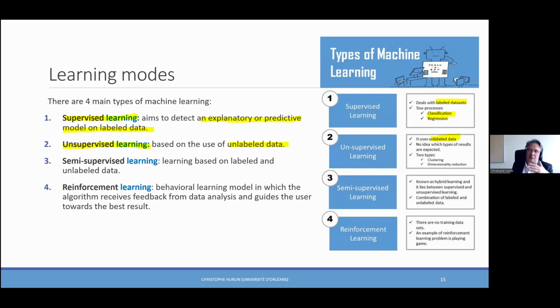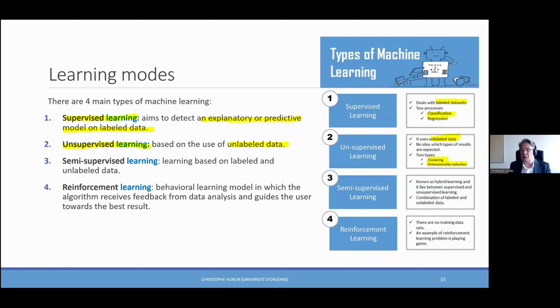There are many types, but in general, these algorithms are devoted to two types of questions. The first is clustering, and the second is dimensionality reduction. Clustering consists in grouping the individuals, so the instances, into groups of individuals who have approximately the same type of behavior.